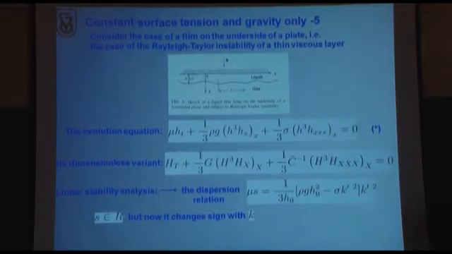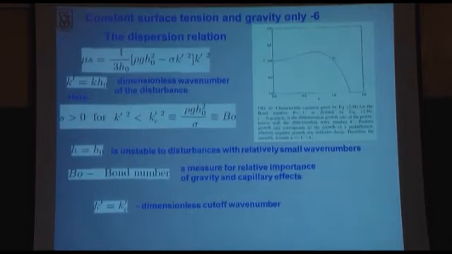However, for long wave disturbances the surface tension is very weak, because the capillary effect is proportional to the second derivative of the interfacial shape. If the wave is very long, the second derivative is next to 0, not large. So it will be positive.